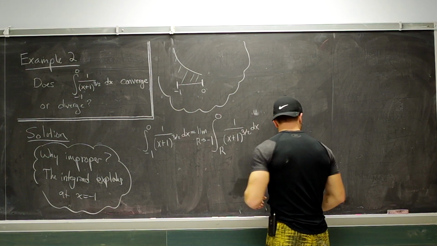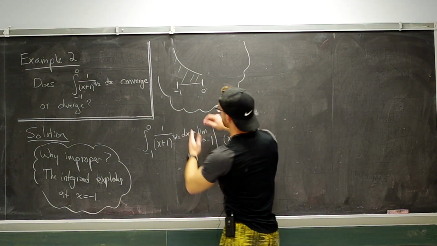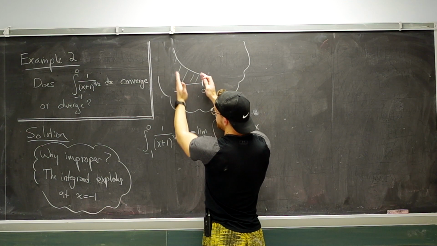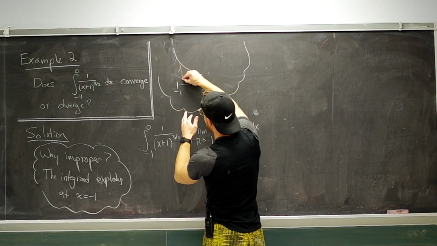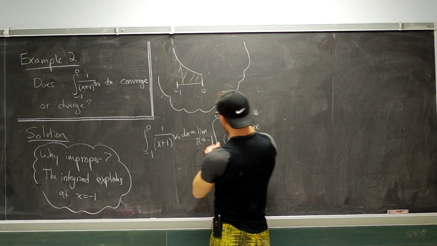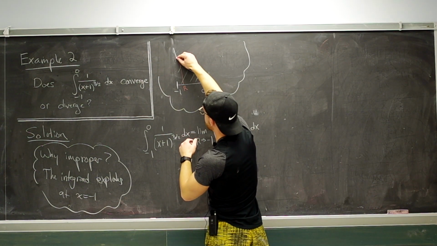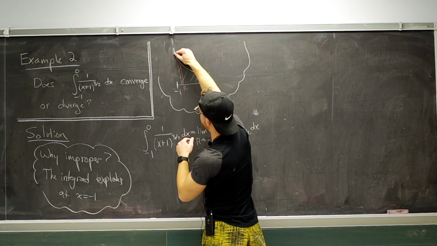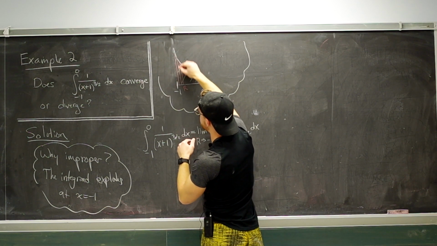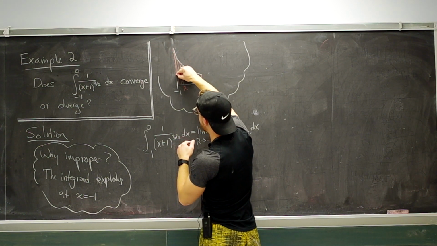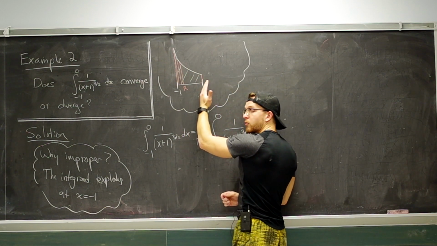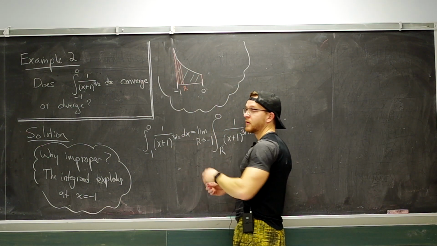But when I think about this limiting process, because this is the area that we care about, these integrals are computing areas specifically like this. And I take r closer and closer and closer to -1. But I do so only from the right-hand side.